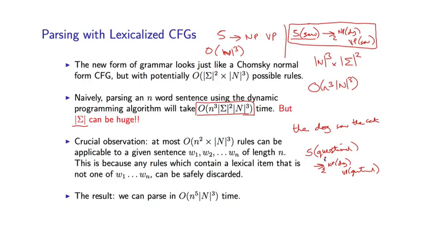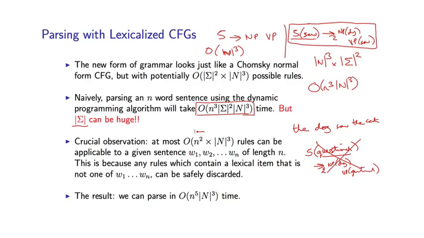I can immediately discard this rule because it has the word questioned in one of these non-terminals, which is seen nowhere in the sentence. So we know that rule can never be used in parsing this sentence. And so we can actually restrict ourselves to a much smaller set of rules, where we now have order N cubed times n squared, because, again, we have capital N choices for each of these three non-terminals. And then these two words, rather than being drawn from the full vocabulary, have to be drawn from one of the n words in the sentence.